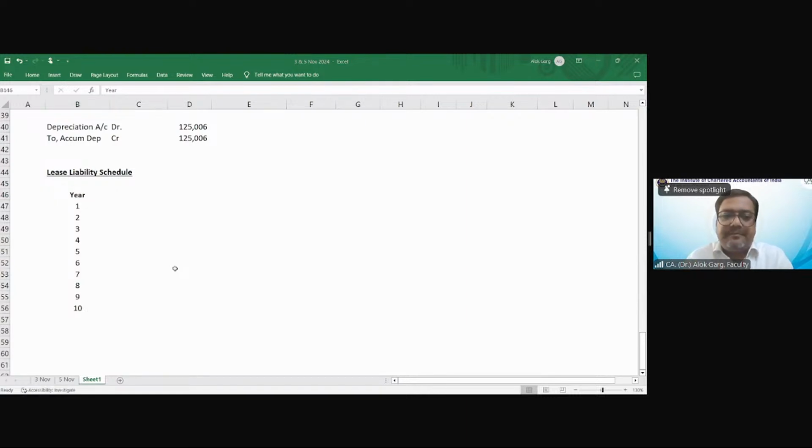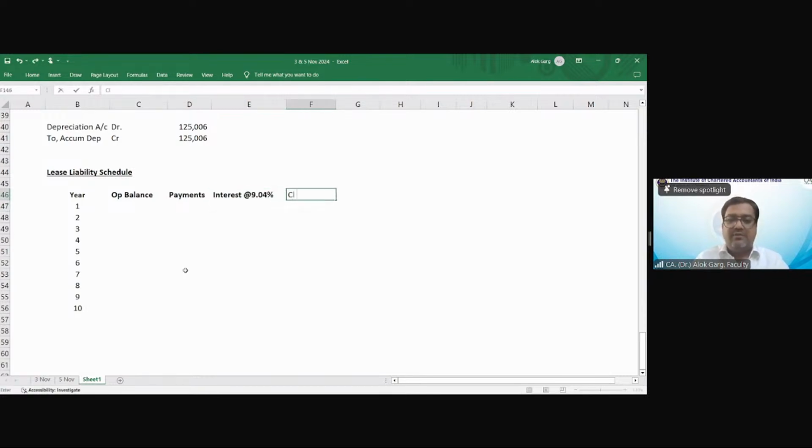Friends, so let me put the opening balance of liability. Since the payment is at the beginning in advance, I'll put the lease payments first. Then I'll put the lease interest at the rate of 9.04%.